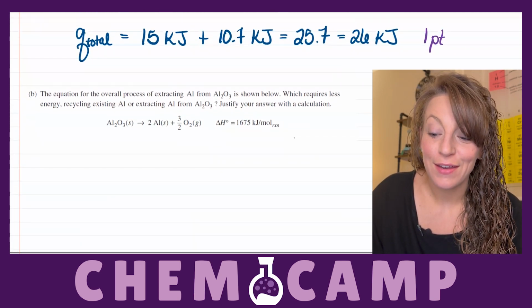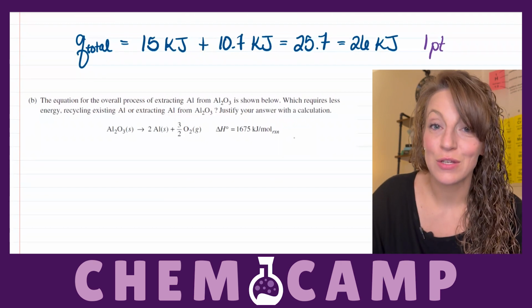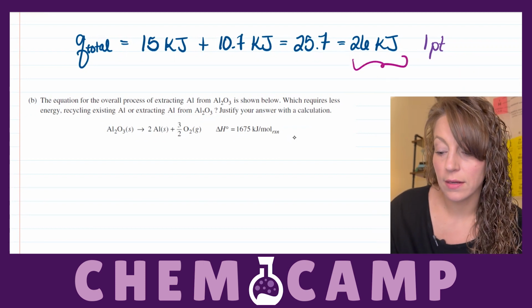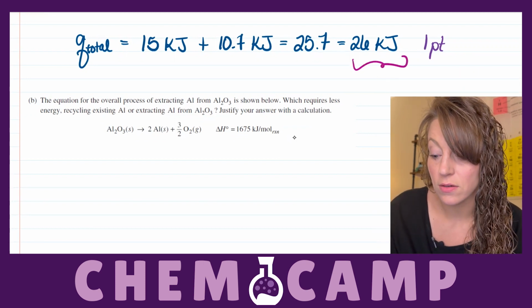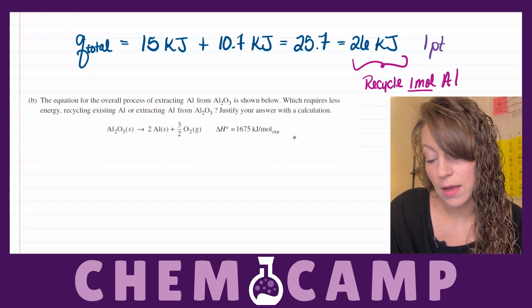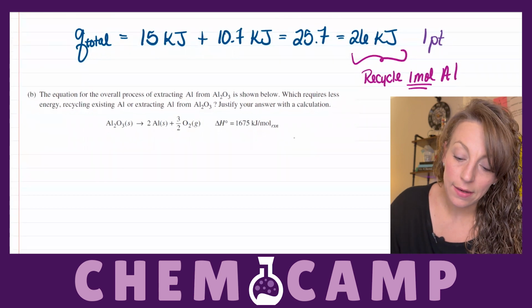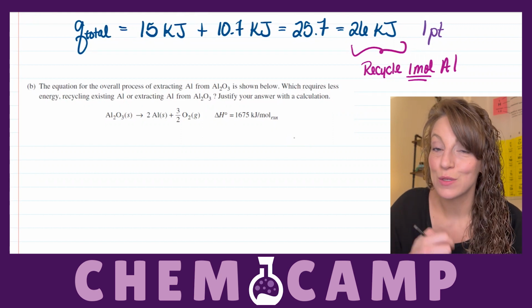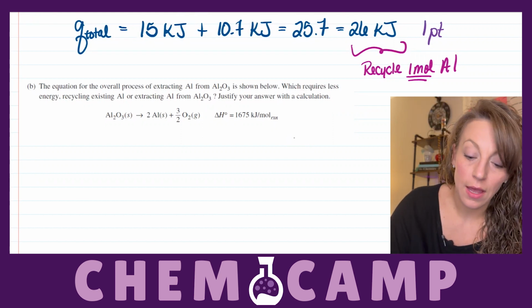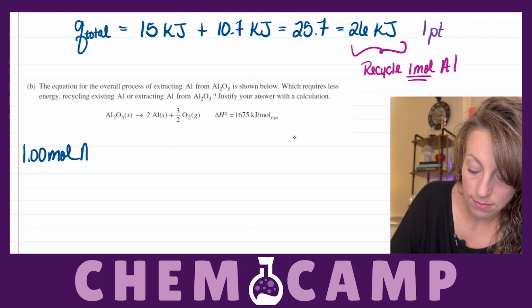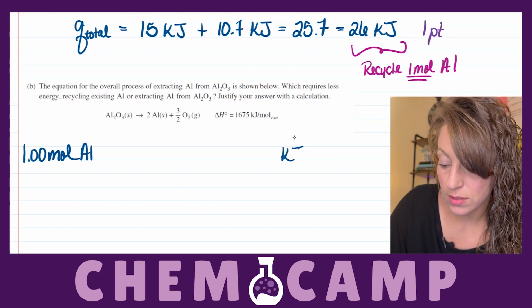But they're expecting you to also pull down information from part A. In particular, you just calculated the amount of energy required to recycle 1 mole of Al, keeping in mind that it's just 1 mole. Here, in this chemical equation, now that's for the extraction of 2 moles of Al. So here, we actually have to calculate if we had 1 mole of Al, how many kilojoules that would require.